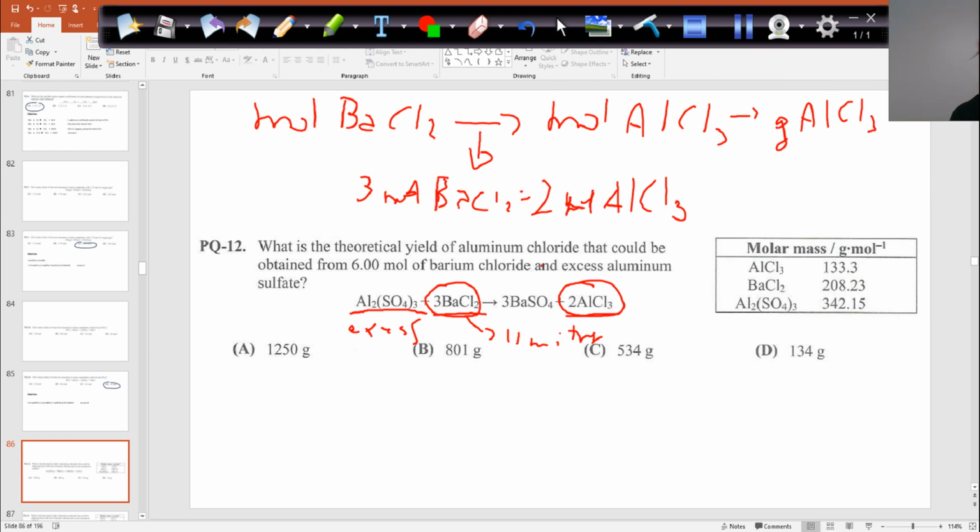This really takes some getting used to. And then what is the second conversion factor I'm going to need here? Aluminum chloride moles to aluminum chloride grams. What am I going to need?